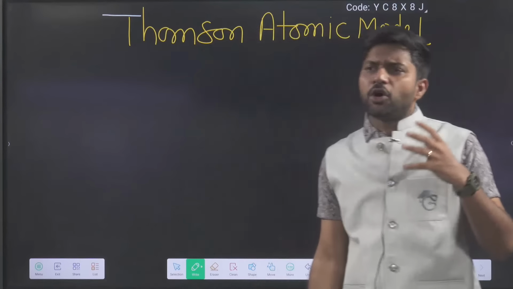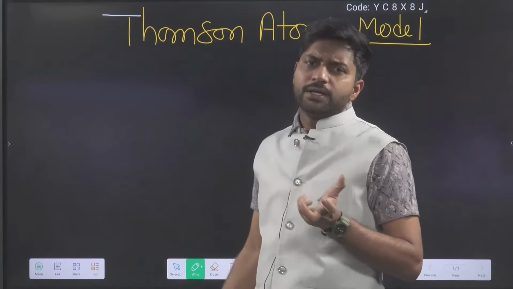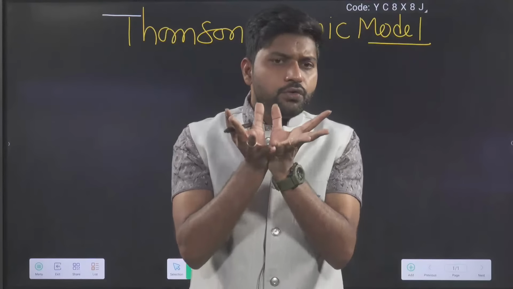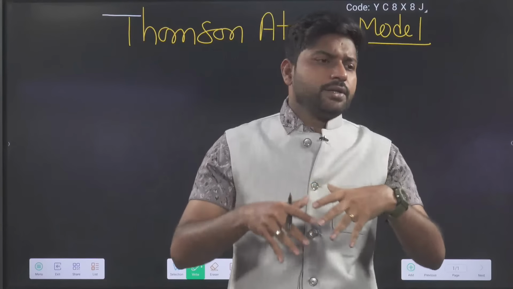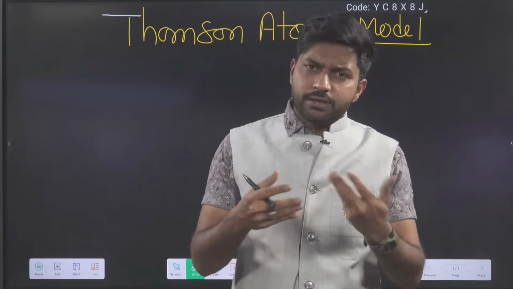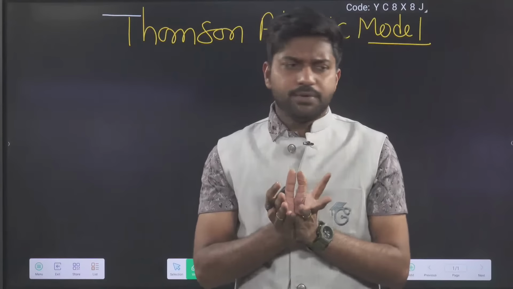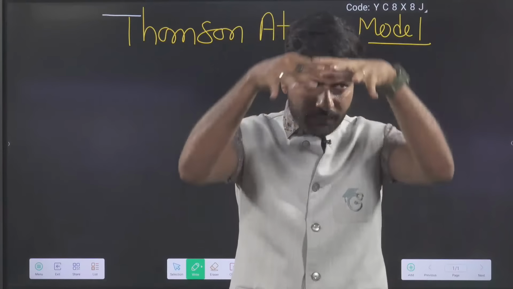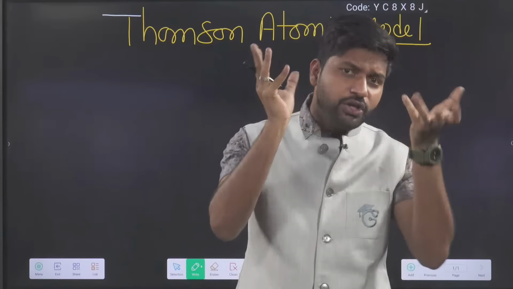So in the Thomson atomic model, Thomson said that the atom is just like a sphere. If you know the sphere or watermelon, yes, very good. A watermelon is spherical in shape, not oval. Football, but a football is hollow. Assume a solid football in your mind.